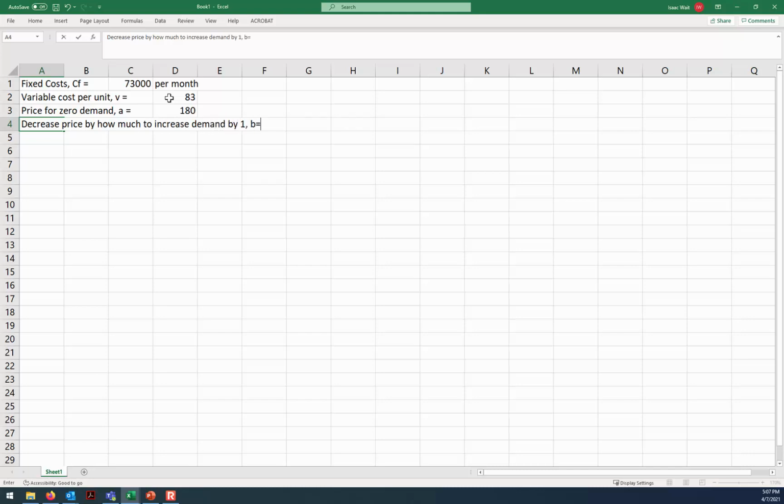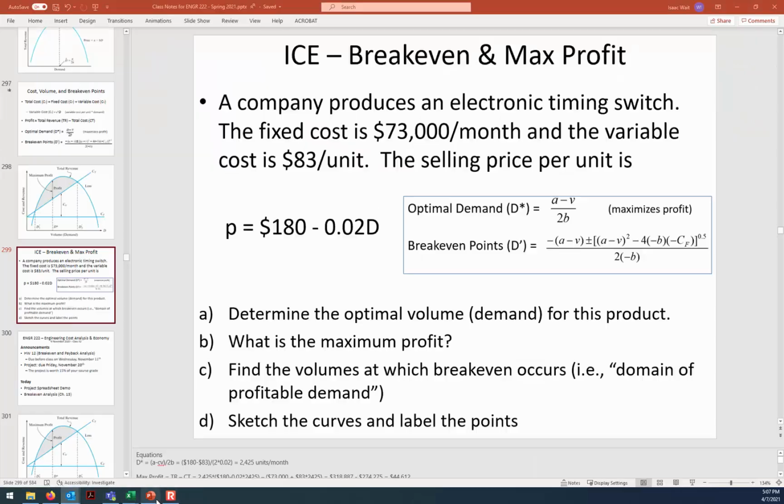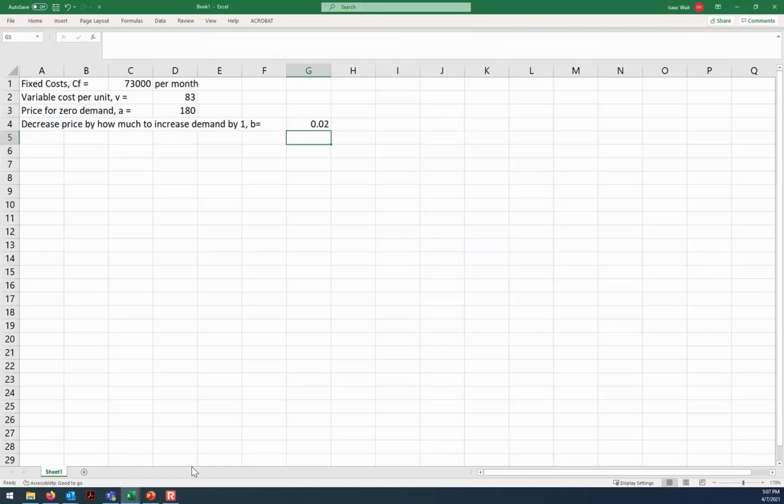This is lowercase b, the slope of the price demand curve, and in this example it was 2 cents. If you lower the price by 2 cents, you sell one additional unit. So for every dollar you lower the price, you sell 50 more units than you would have otherwise. So that is the slope of the curve, 0.02.